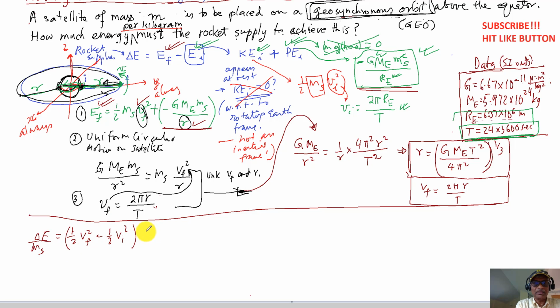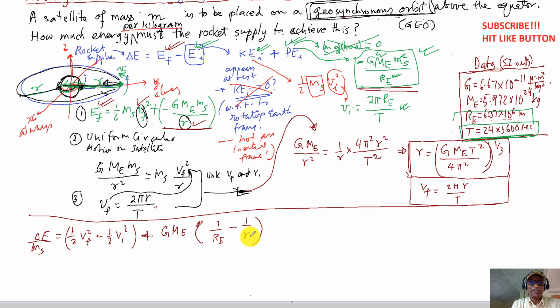So this is the change in kinetic energy per unit mass, and then this term is minus, but this one becomes plus. G M_E is common, so 1 over R_E minus 1 over R.